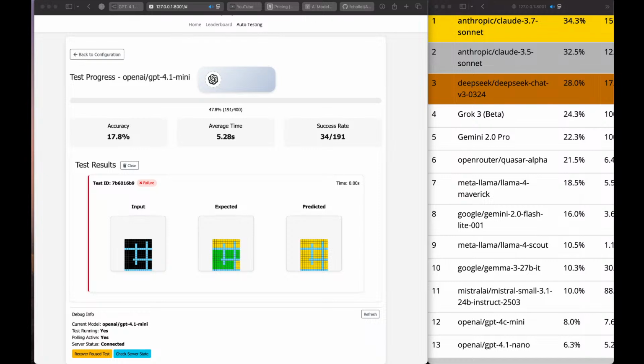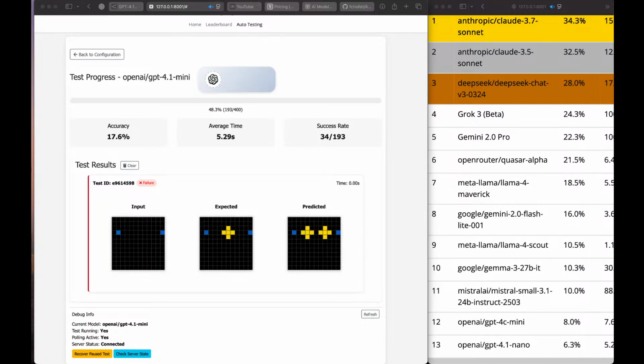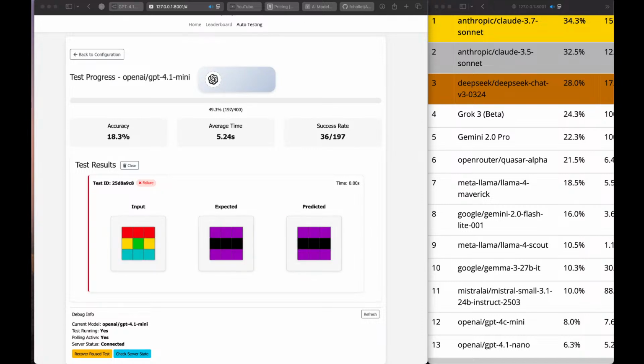So when it comes to the efficient model category, I think 4.1 nano is the one. And 4.1 mini lands in a weird space. It's not as pricey as Claude 3.5 Haiku, but it's almost 3 times costlier than 4.0 mini. So it's a weird space to be in.